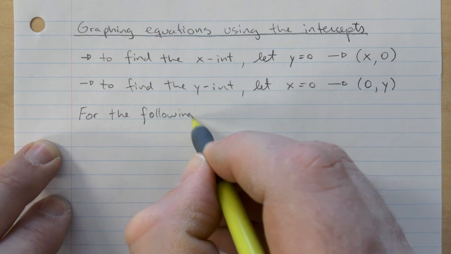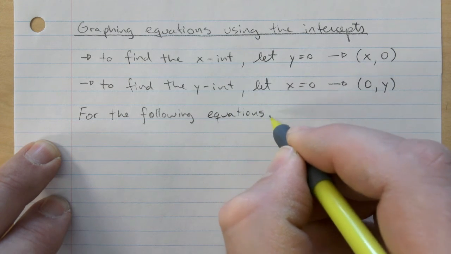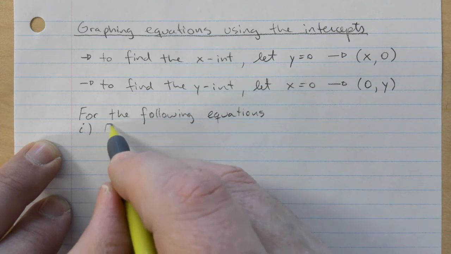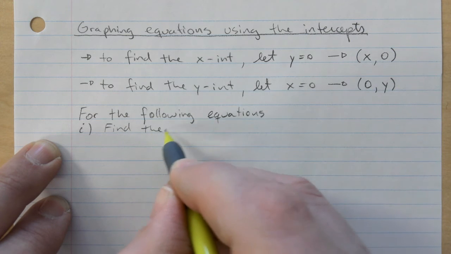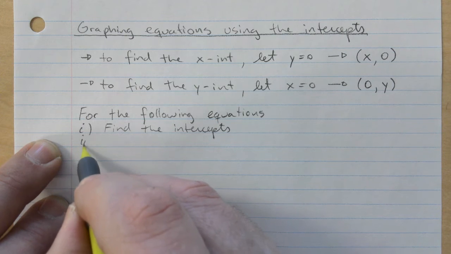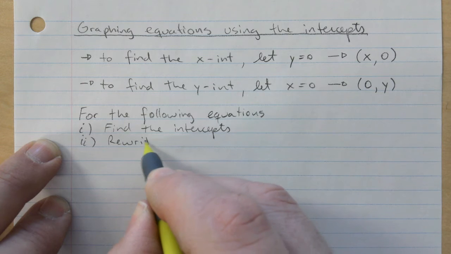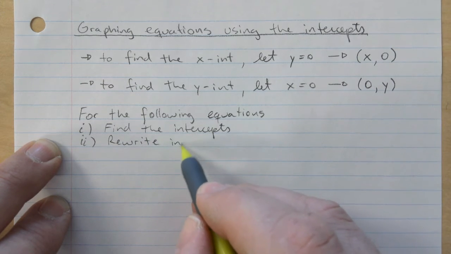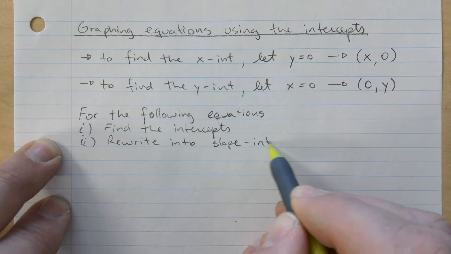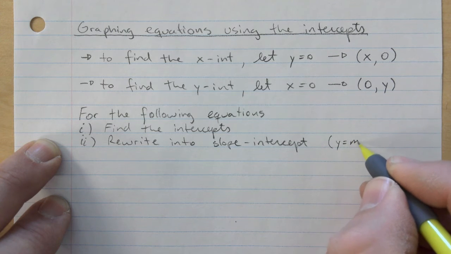For the following equations, I, find the intercepts, II, rewrite into slope intercept, and I mean rewriting it to this form.